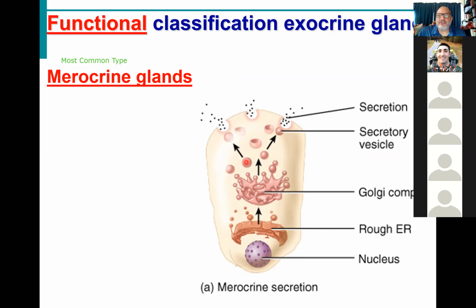And notice what happens to these vesicles. These vesicles move to the plasma membrane. When they get to the plasma membrane, they bind with the plasma membrane and they release their contents. What did we call this process of bundling these things up in a vesicle, bringing it to the plasma membrane and releasing it? What did we call that?